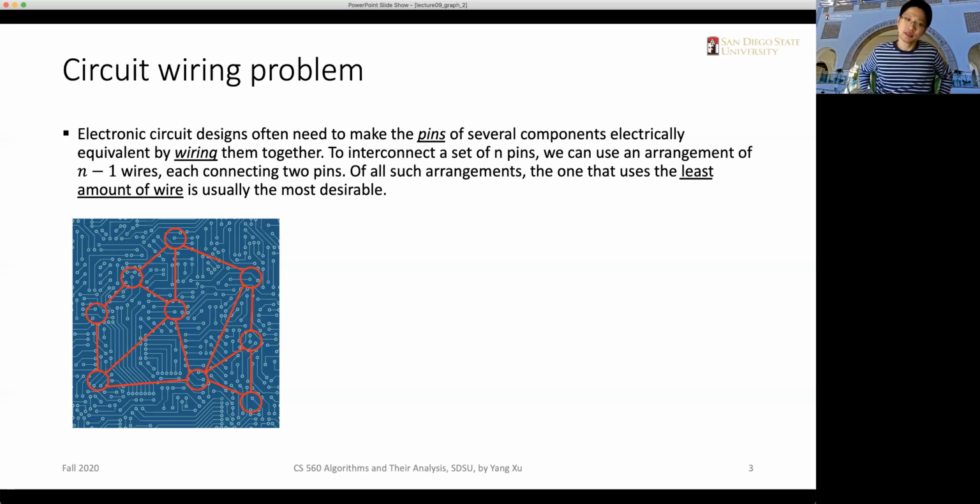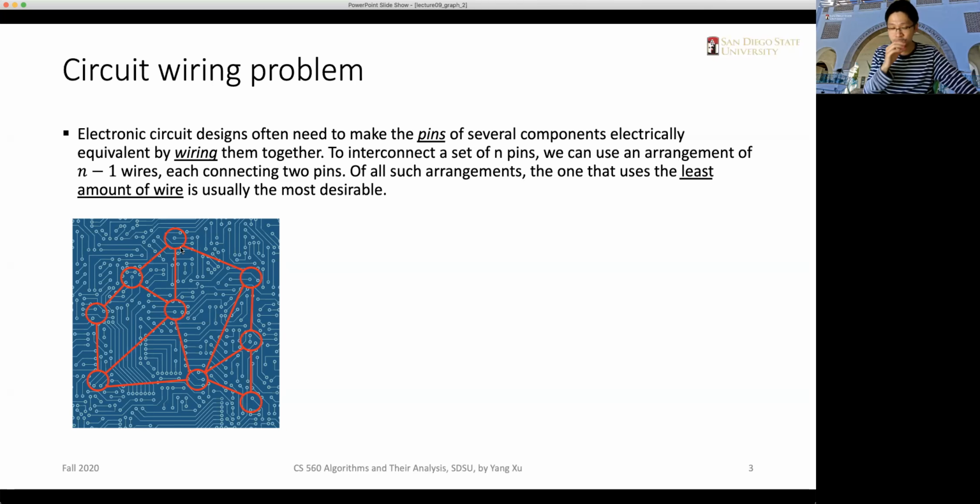If you look at this example, this is not an ideal example. You can consider the red circles as the pins, and the straight lines connecting those red circles are the wires.